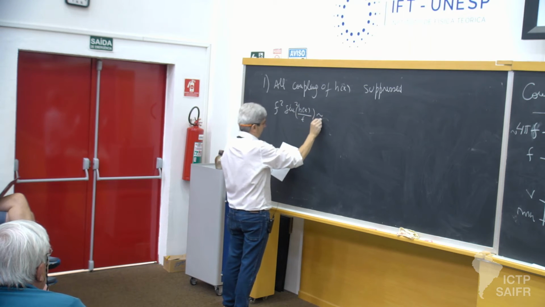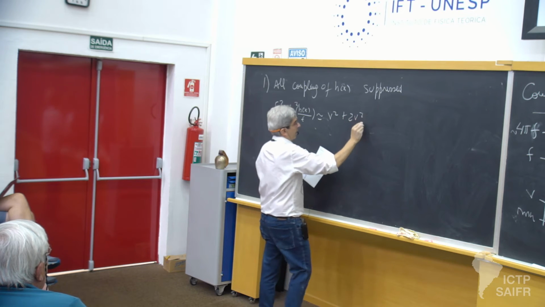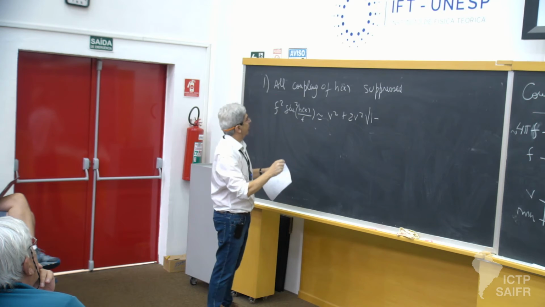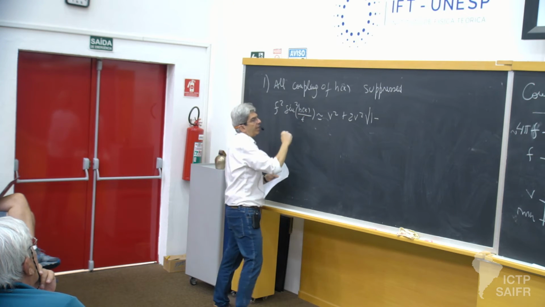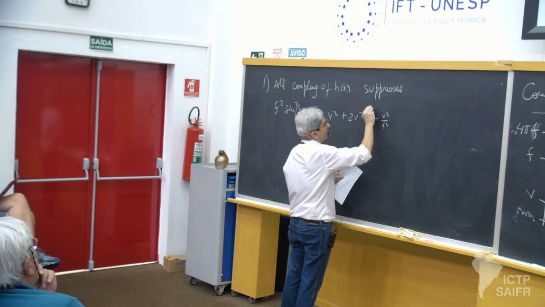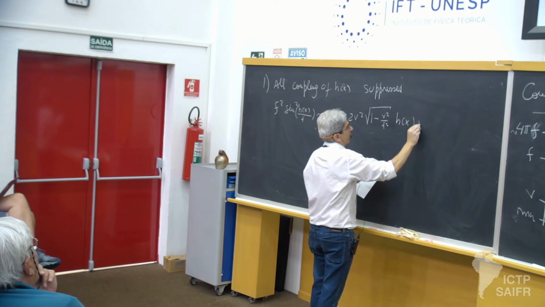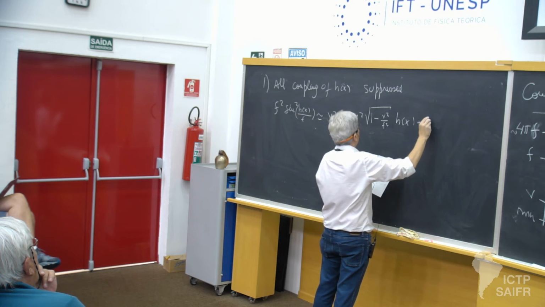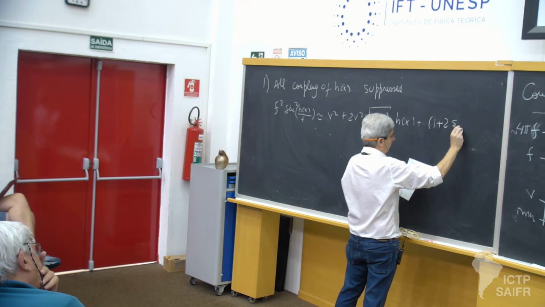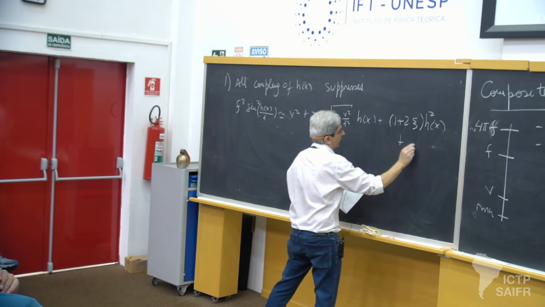And when you expand this around the VEV of the Higgs, you get V squared, and the square root of 1 minus V squared over F squared times h(x), plus there is another term of interest, 1 plus 2 psi h squared(x), plus you keep going.